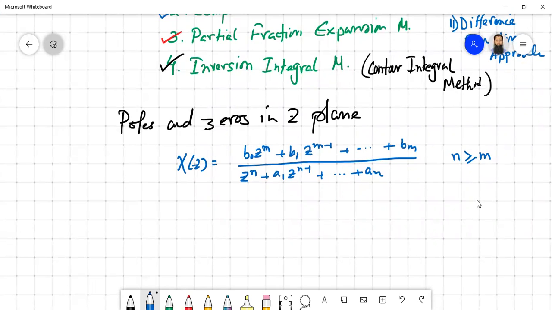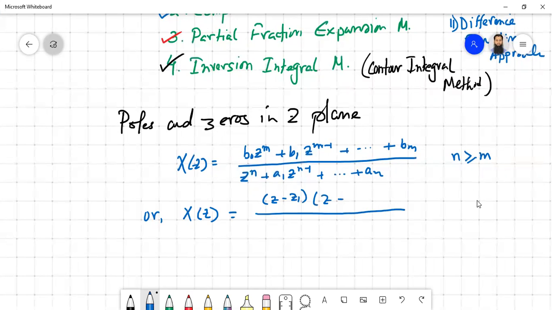Okay, so this is one way, or the same thing can also be represented in this way, in terms of poles and zeros. Z minus Z1, Z minus Z2, goes up to Z minus Zm. And these are zeros, and then we have poles, Z minus P1, Z minus P2, up to Pn.